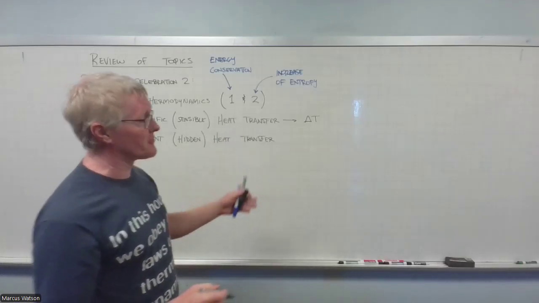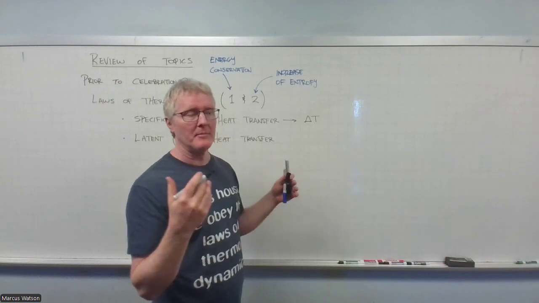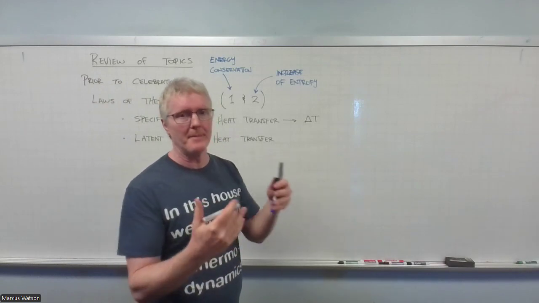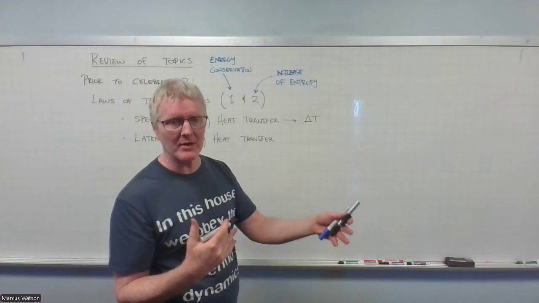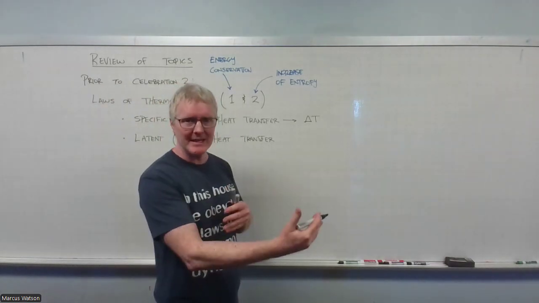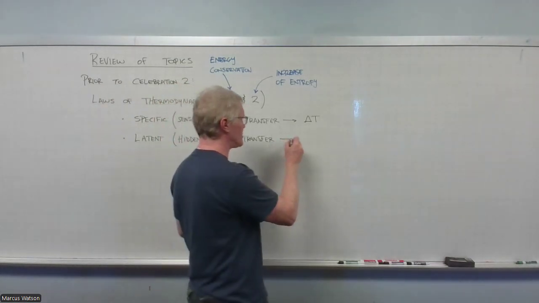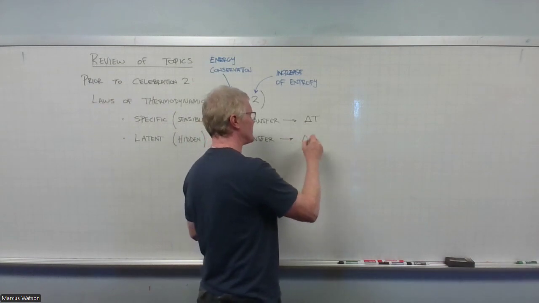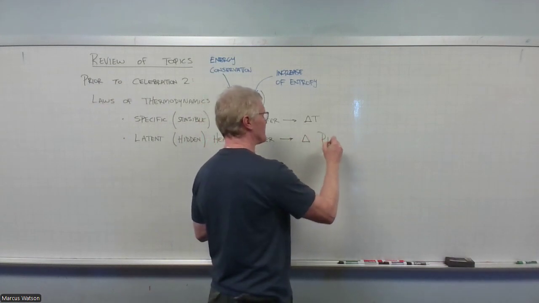The hidden heat transfer involves, say, boiling, or melting, or condensing, or freezing, or something like this. Okay, so the change that happens here is the change in the phase of the material.